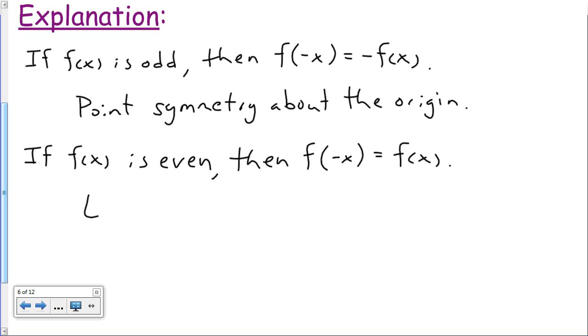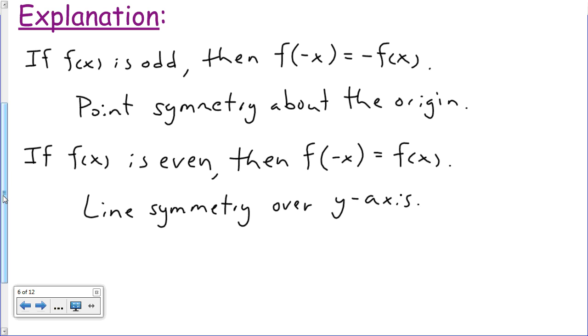Another way to think of that is line symmetry over the y-axis. So if you can reflect it across the y-axis and get the same graph that you started with, you got yourself an even function.